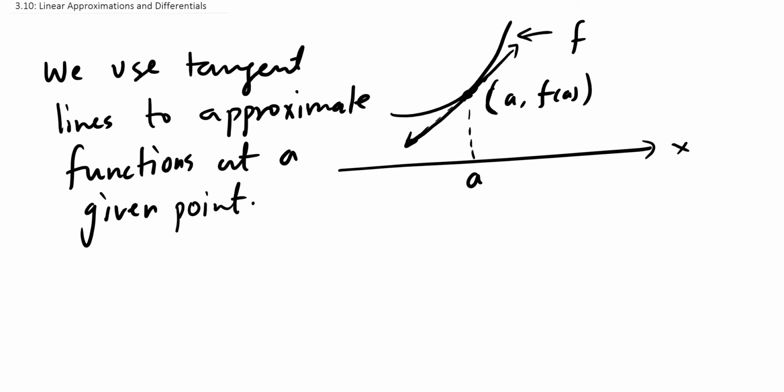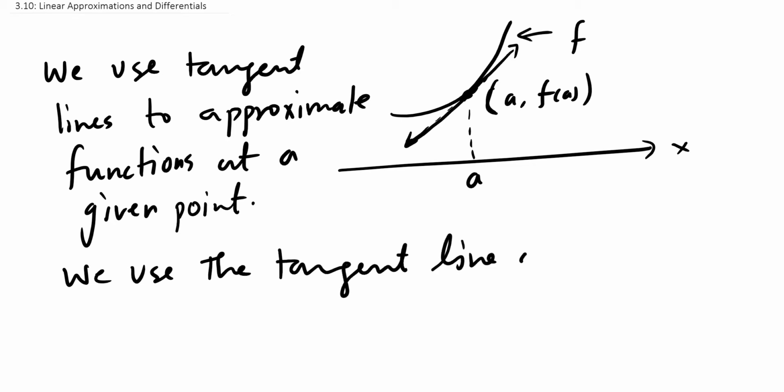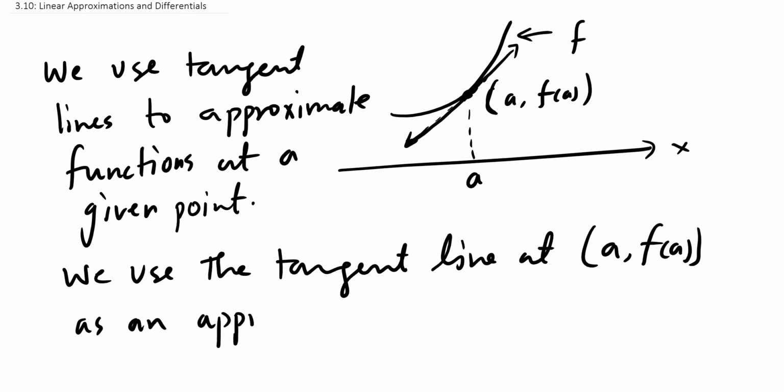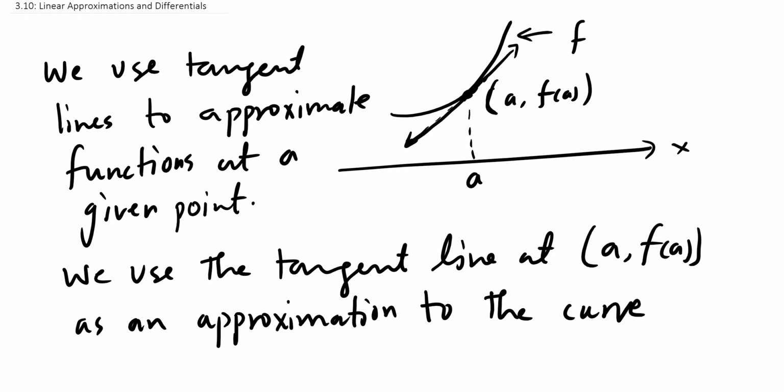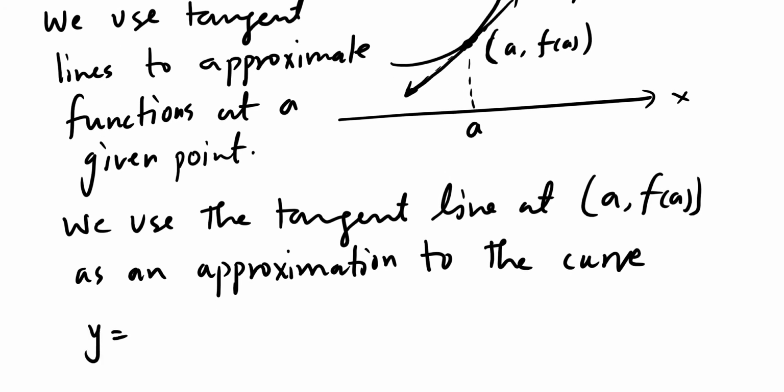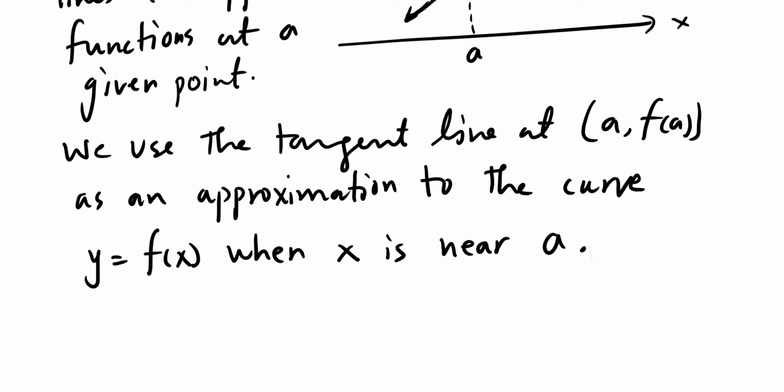So in this case, we're going to use the tangent line at a comma f of a as an approximation to the curve y equals f of x when x is near a, means near x equals a.